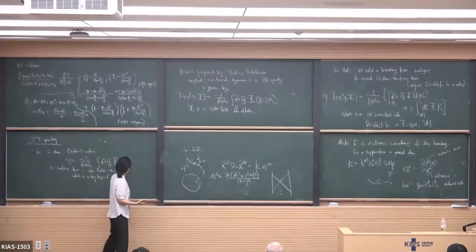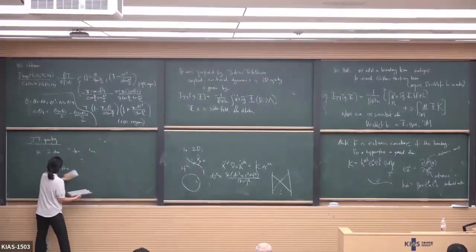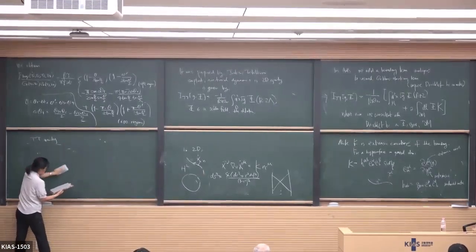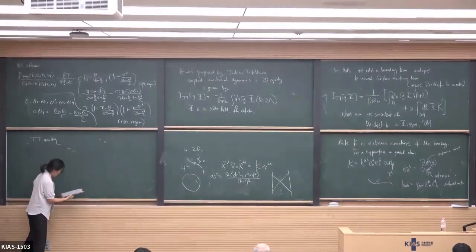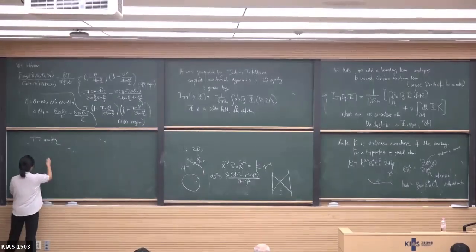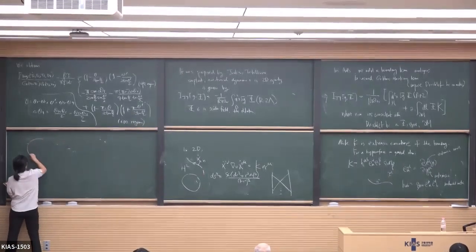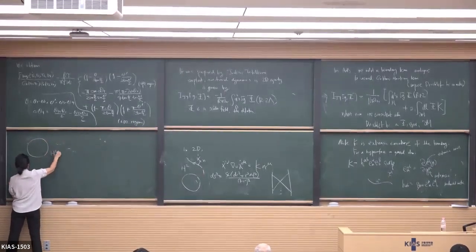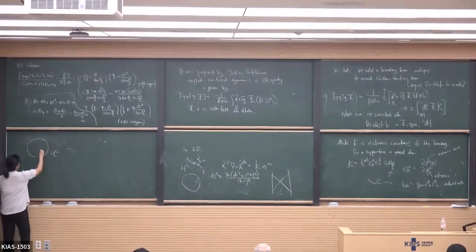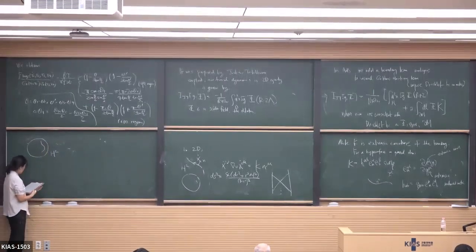So I don't have the time to go into this derivation in detail, but the picture is we have the hyperbolic disk in 2 dimensions, and we have some curve on the hyperbolic disk, okay?